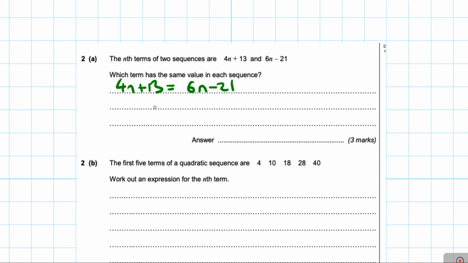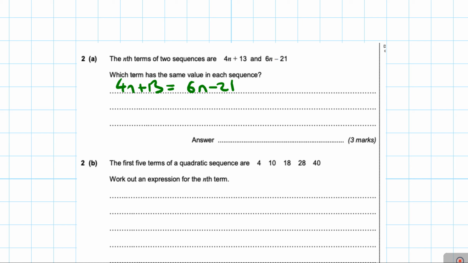The idea behind this question is that at some nth term, maybe like the 7th term, both the 4n plus 13 and the 6n minus 21 will be at the same value essentially. So that's why we can equate them, and therefore once we've got that, we can find what nth term that occurs at.